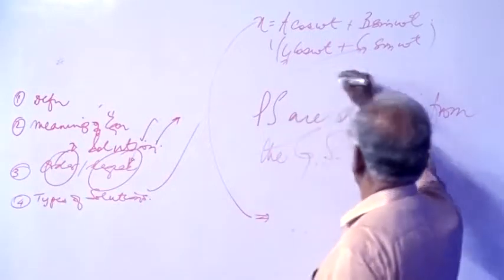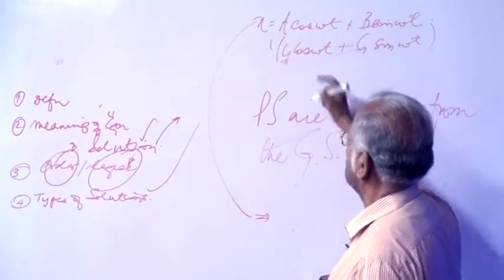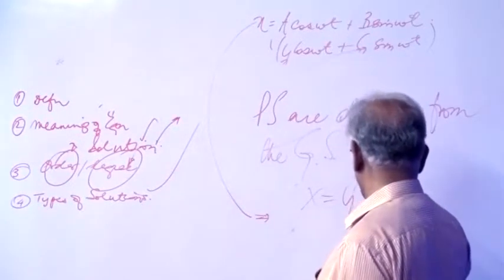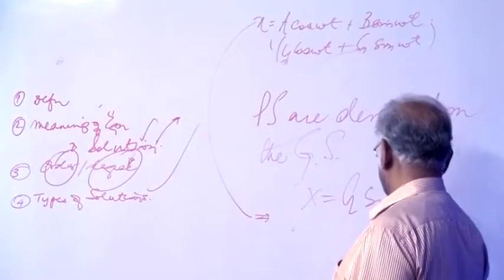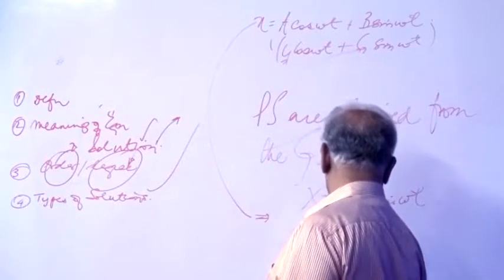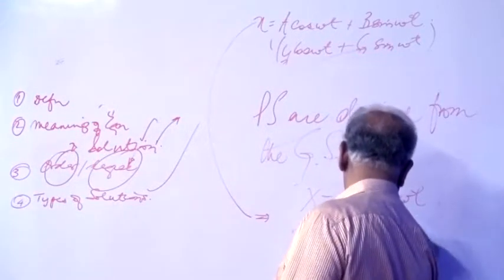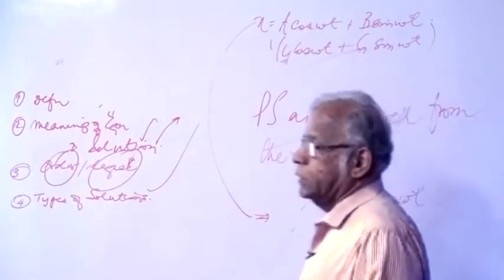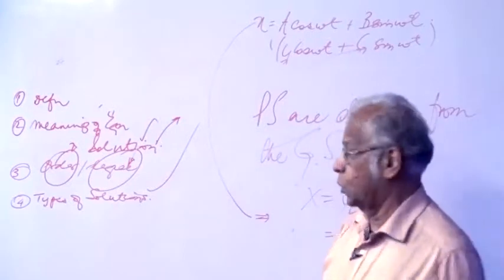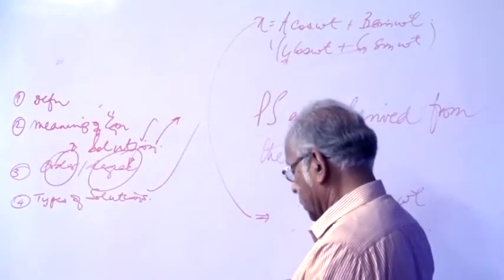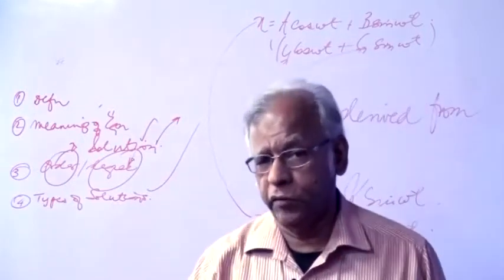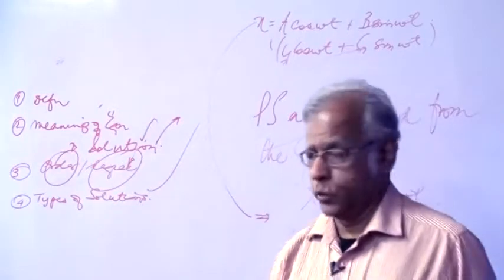So, for example, if we took say C2 or any of them as 0, we could get x is equal to C2 sin omega t. This is a particular solution. I can give a particular value to C2, 5 sin omega t. Actually, these particular values are reflective of the initial positions at time t is equal to 0. So that is the particular solution which is derived from the general solution by assigning specific values to the constants of integration.